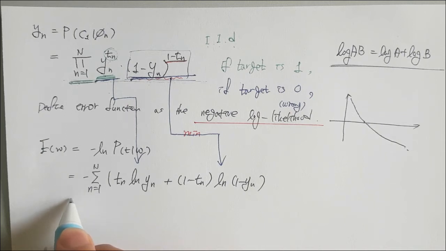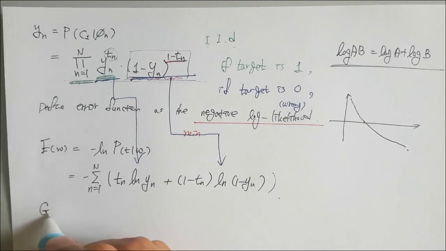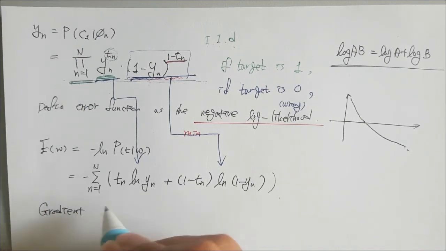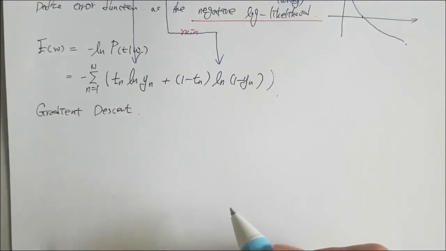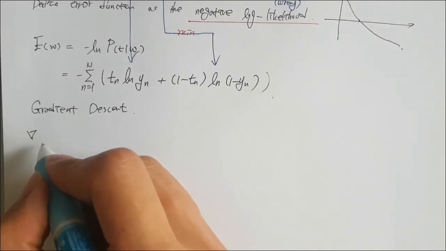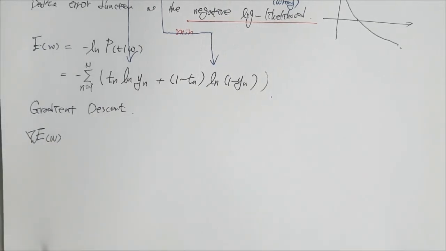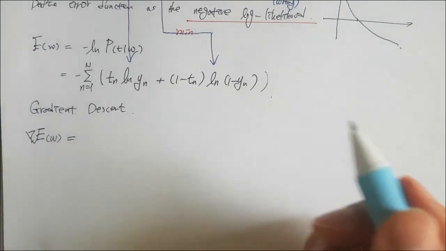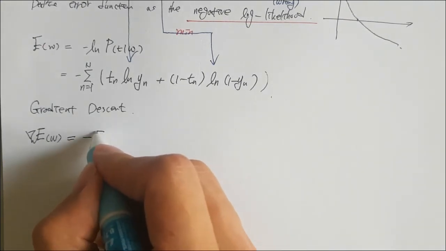So now I finally have calculated this cross entropy. But when you're calculating gradient descent, it is also important to calculate the partial derivative of the error function. It is a really nice model for calculating the partial derivative.